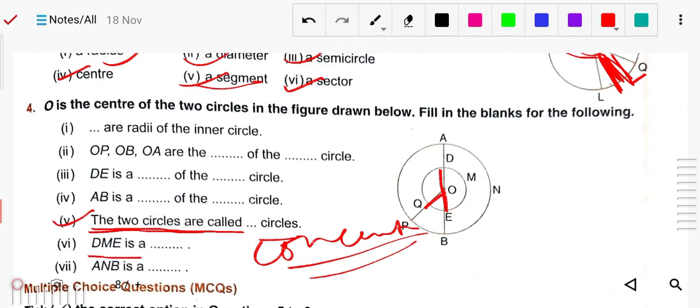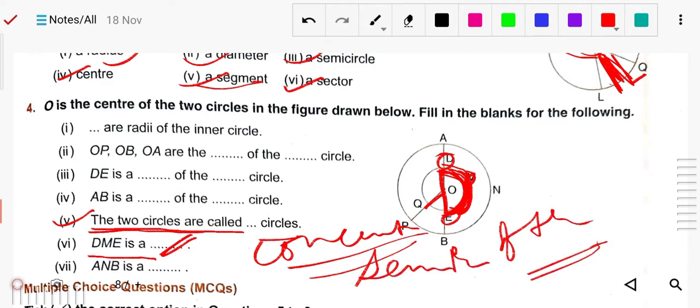Likewise, DME is a, here is the D, here is the M and here is the E. So what is DME? DME is the semicircle of the inner circle, because you can see this is the semicircle. So you can write it here. Okay, likewise you can do it.